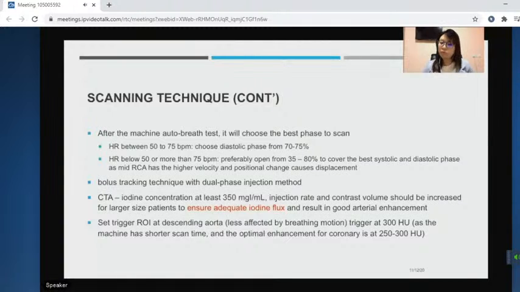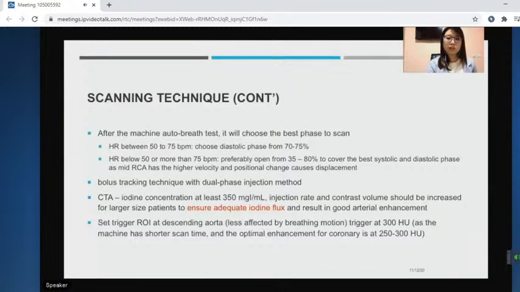And because the mid RCA has a higher velocity and the displacement of the position is greater, it is advisable to still open up the phases for scanning.